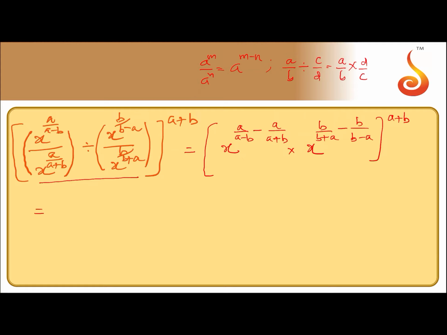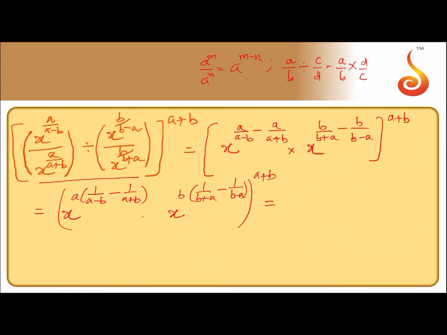But before that, let me simplify the numerator of the first x power. So, x to the power of a, taking common 1 by a minus b minus 1 by a plus b, into x to the power of b, taking common, it is 1 by b plus a minus 1 by b minus a, whole raised to a plus b.